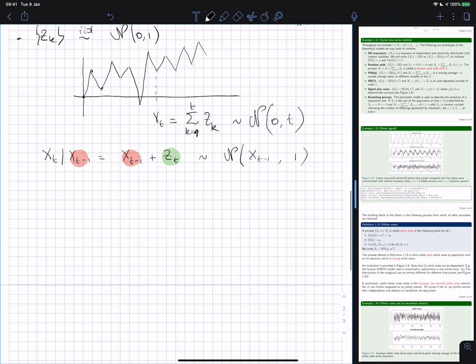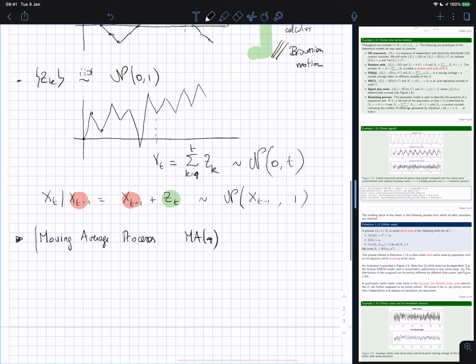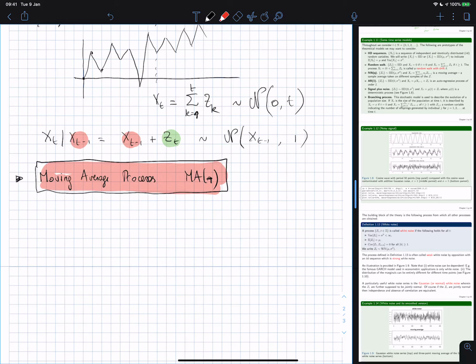Another kind of process that we will be studying in quite some detail are the so-called moving average processes, MA of q. A moving average process is once again constructed from white noise, an IID sequence.